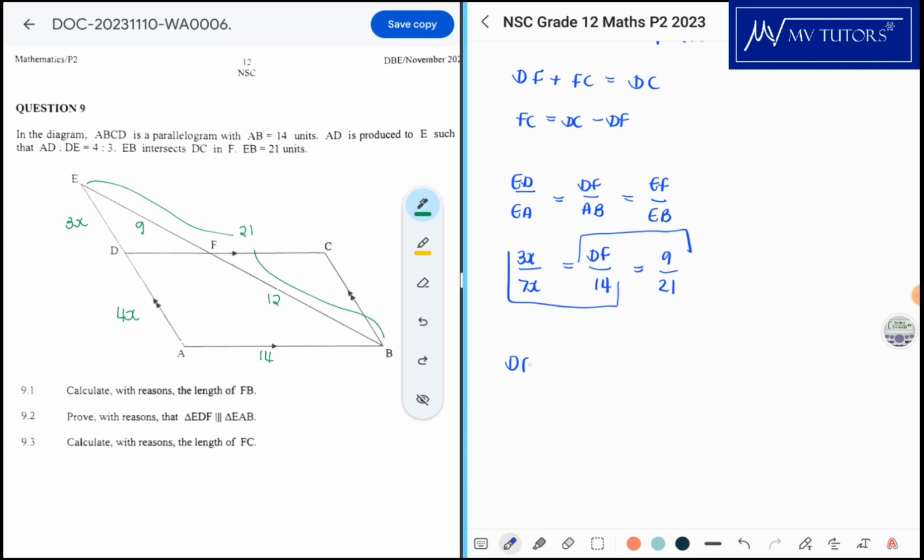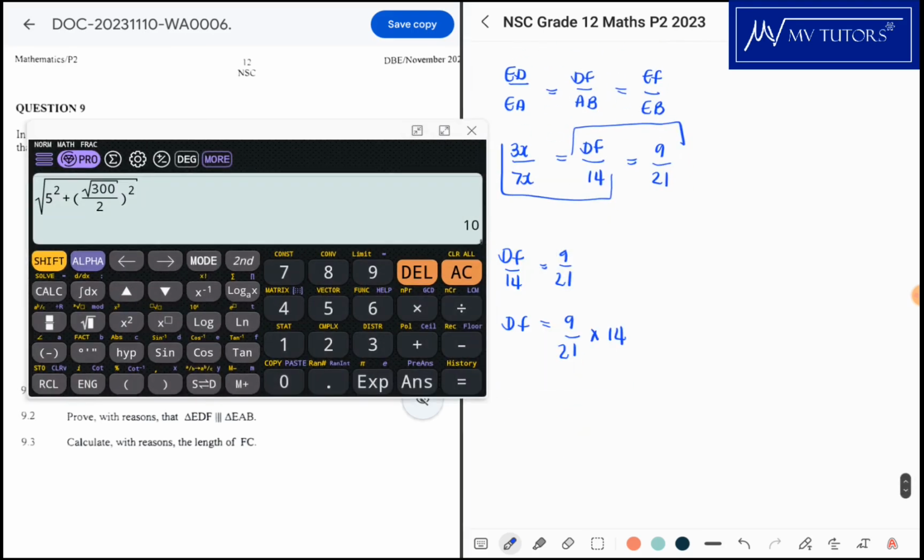So if I say DF over 14 is equal to 9 over 21, then DF is 9 over 21 times 14. Let's see what that would be equal to. I have 9 over 21 multiplied by 14, and I get 6. So DF is actually 6 units.